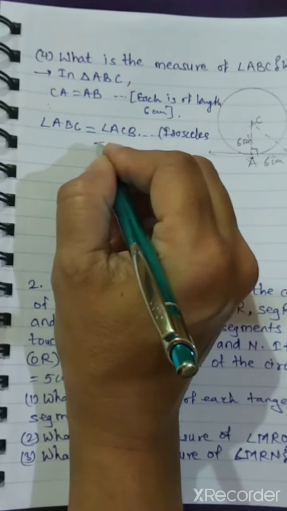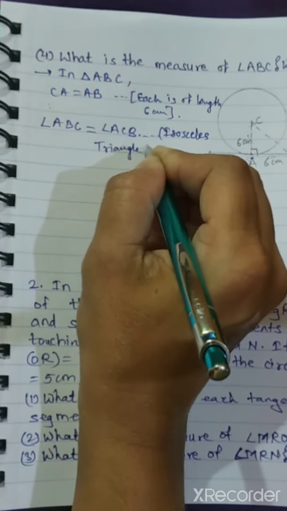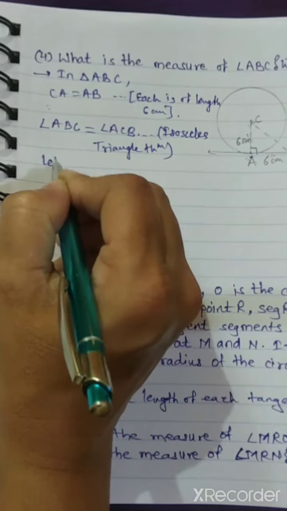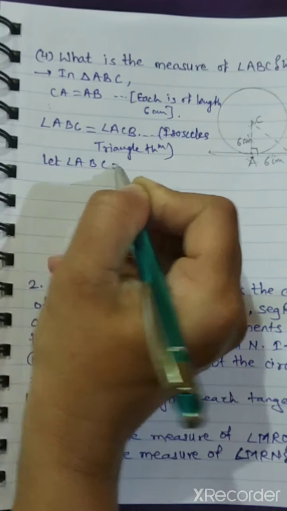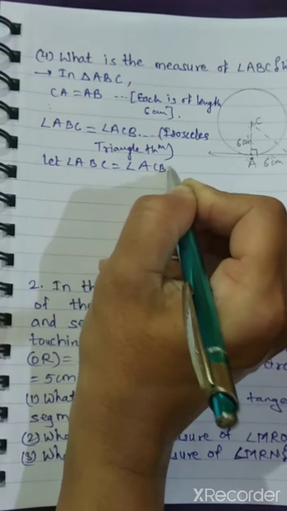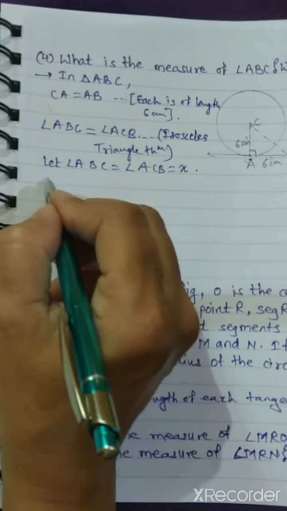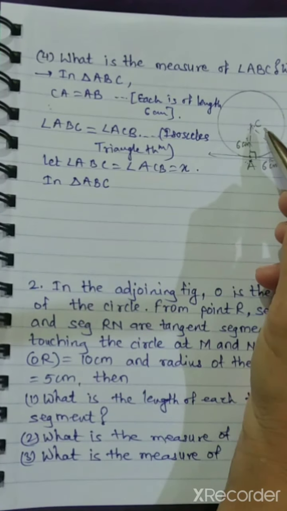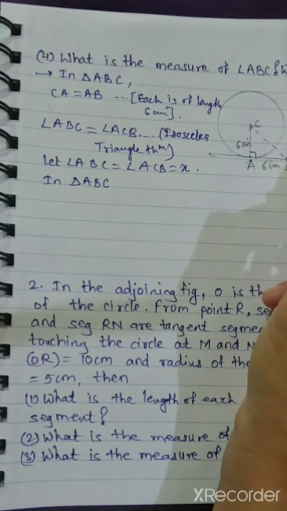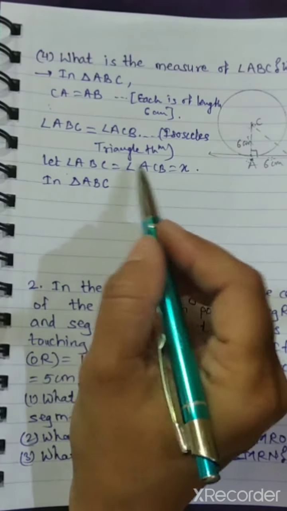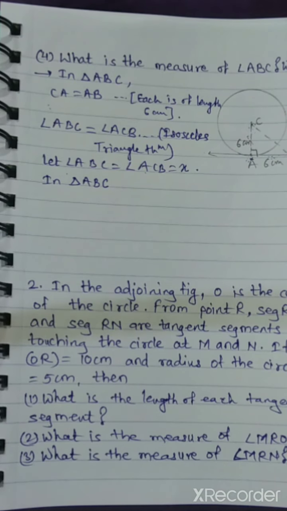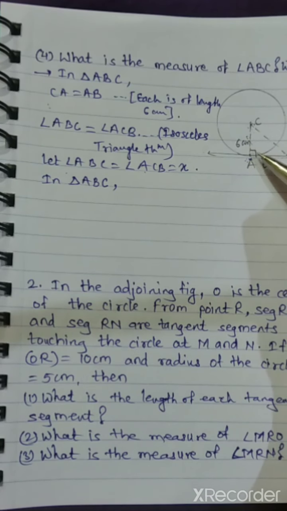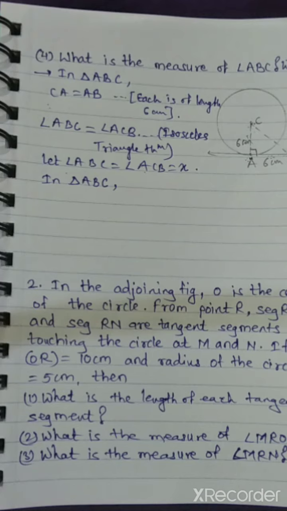By using the isosceles triangle theorem, now let angle ABC is equal to angle ACB, and that is equal to x. Now in triangle ABC, we consider these two angles equal, and we consider it as angle x.